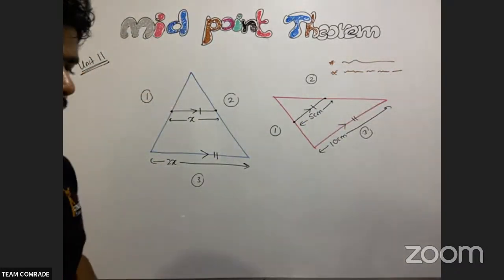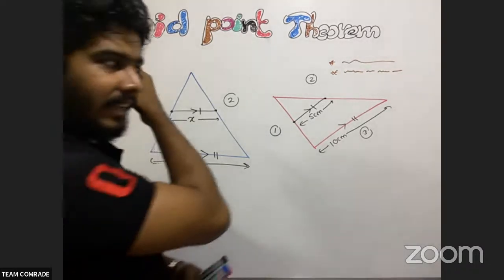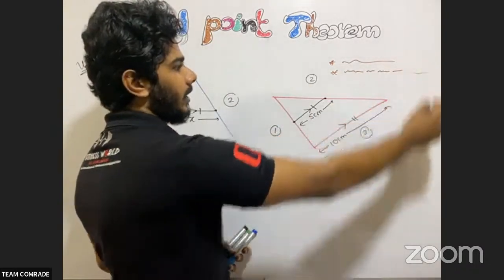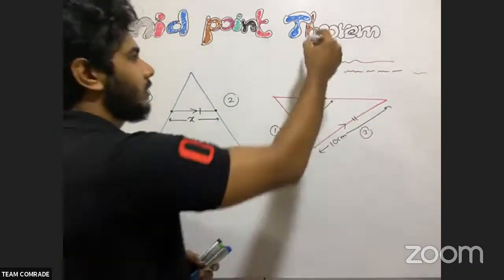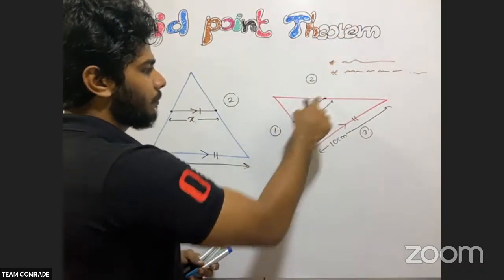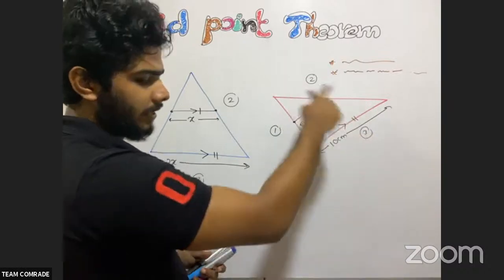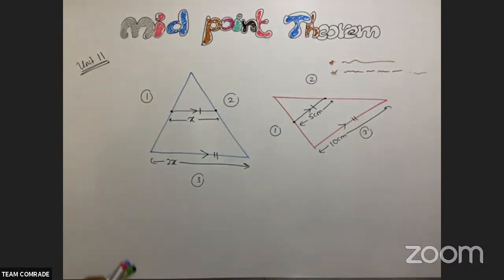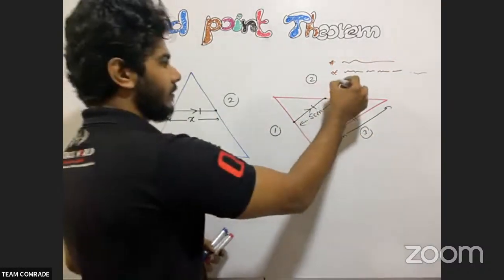A triangle. A straight line segment through the midpoints of a triangle. Next line.